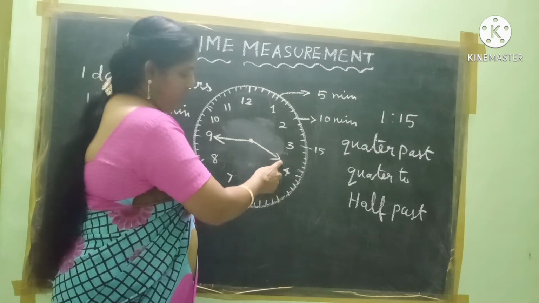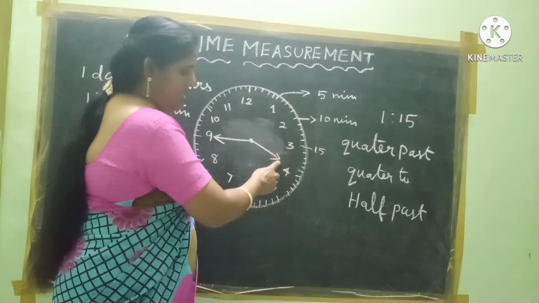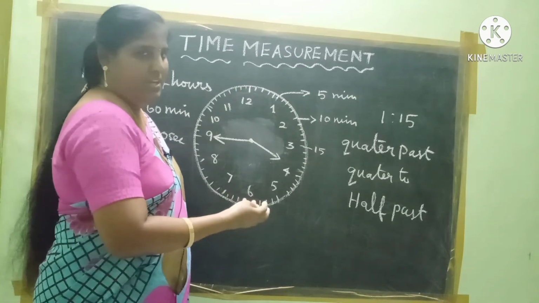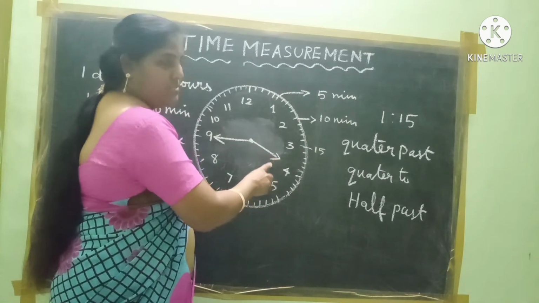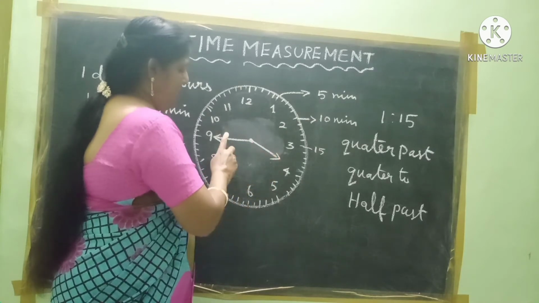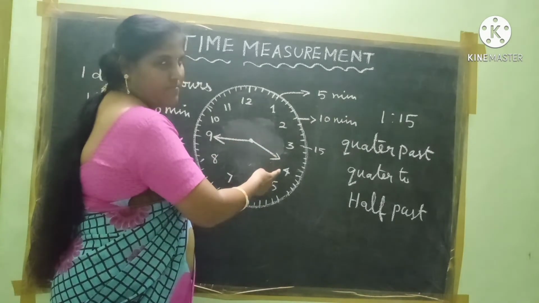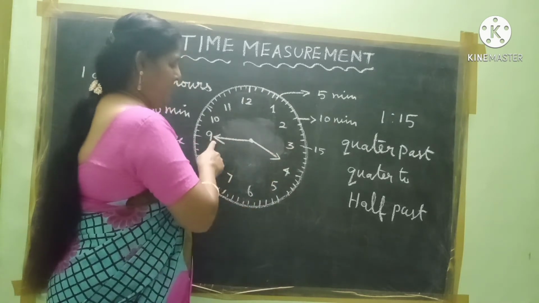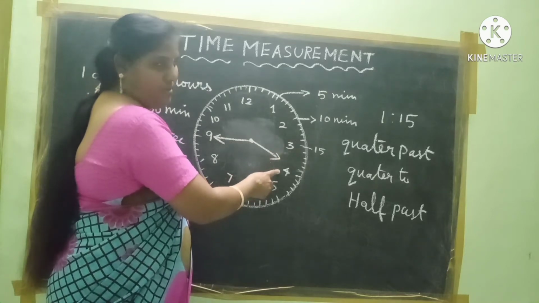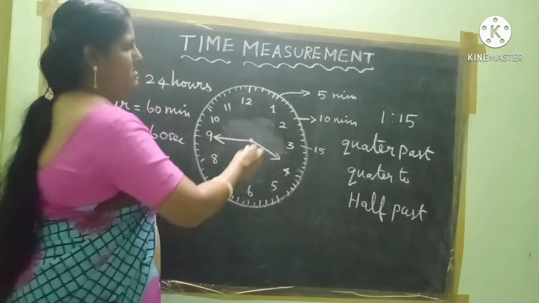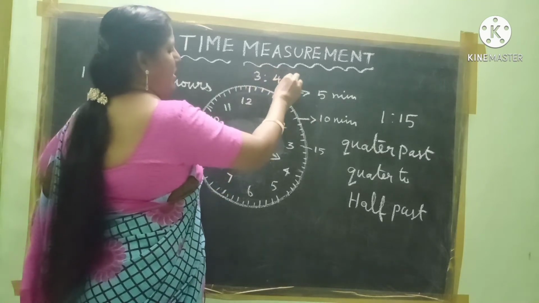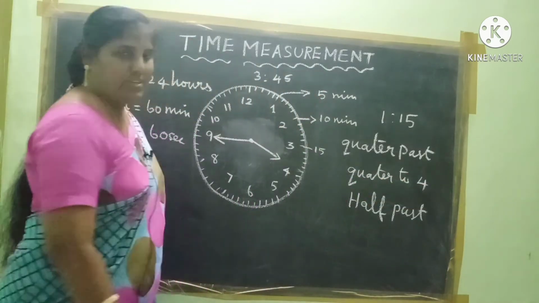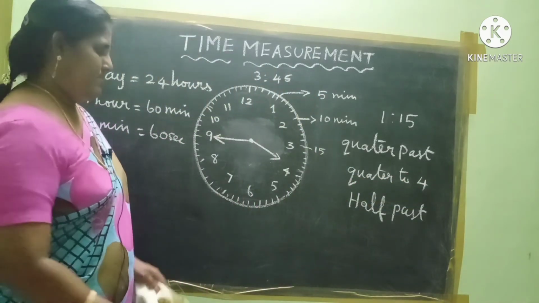Listen, see, a little before 4, not near 3, it is near 4 only. So that means it is going to be 4 o'clock. Okay, so we have to read it like this: quarter to 4. Isn't it? Quarter to 4 means the correct time is what? 3:45. It does not show 4. So the correct time is 3:45, or quarter to 4. Quarter to 4.